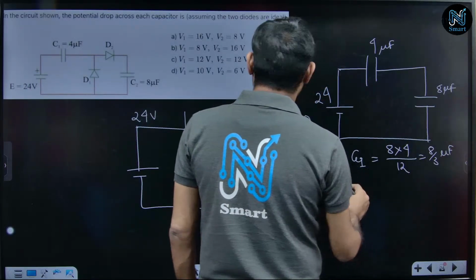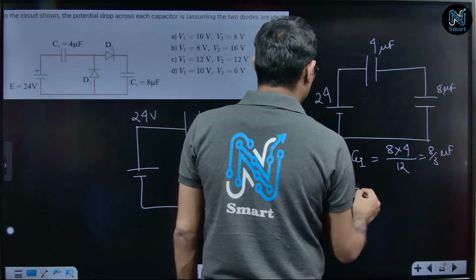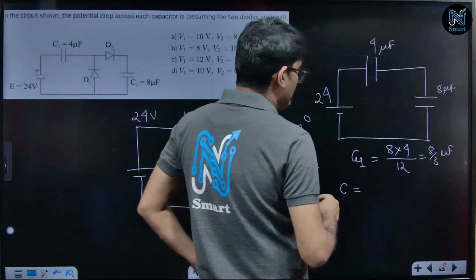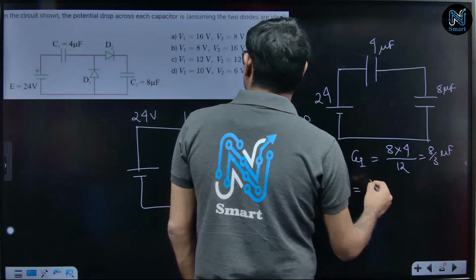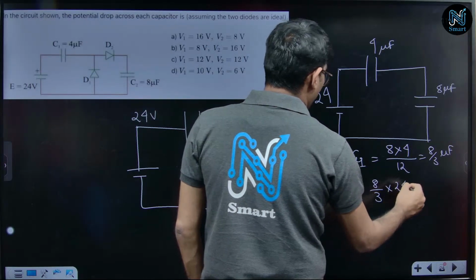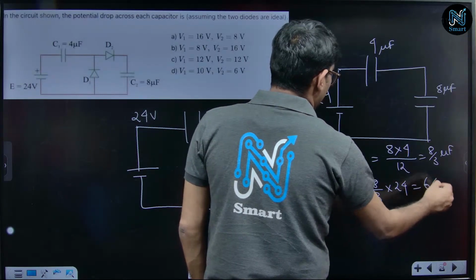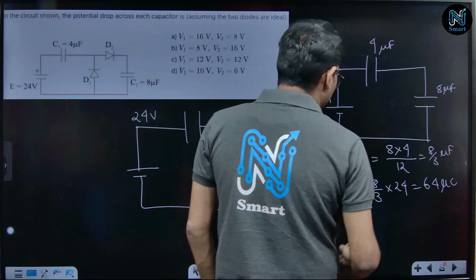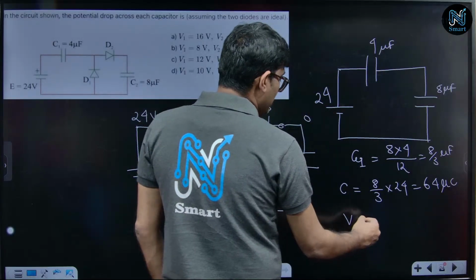So what is the charge on the capacitors? The charge is Q equal to C into V, so 8 by 3 into 24, that is 64 microcoulomb.